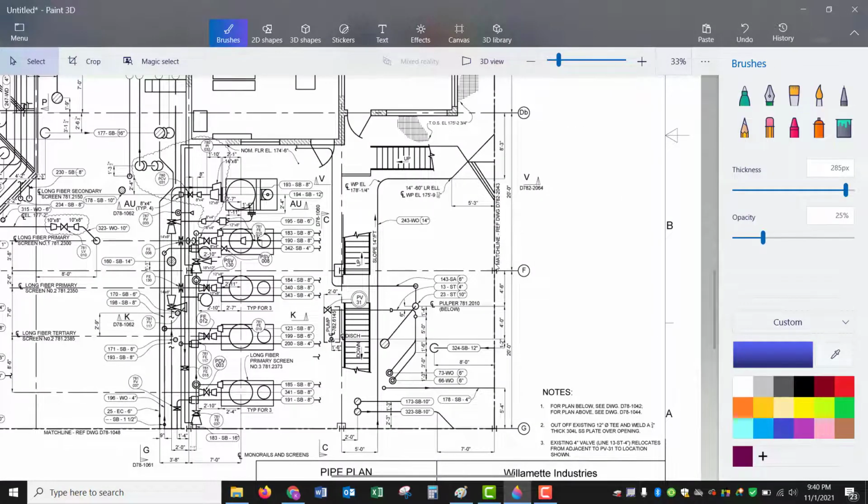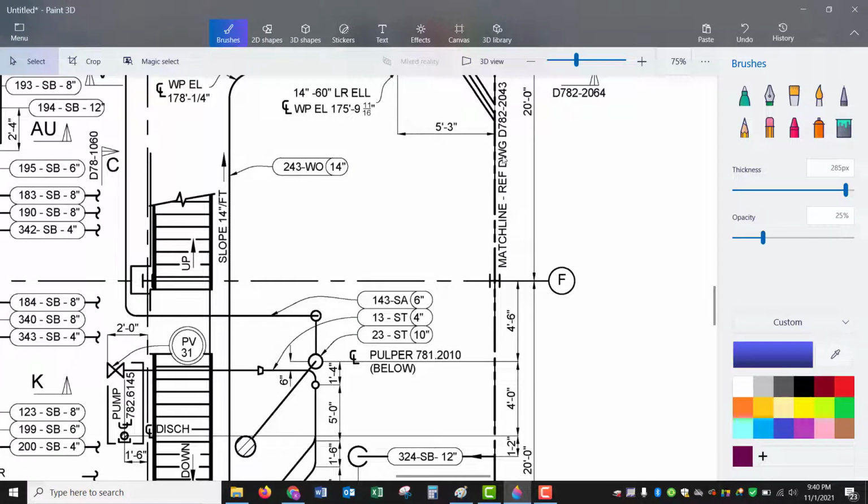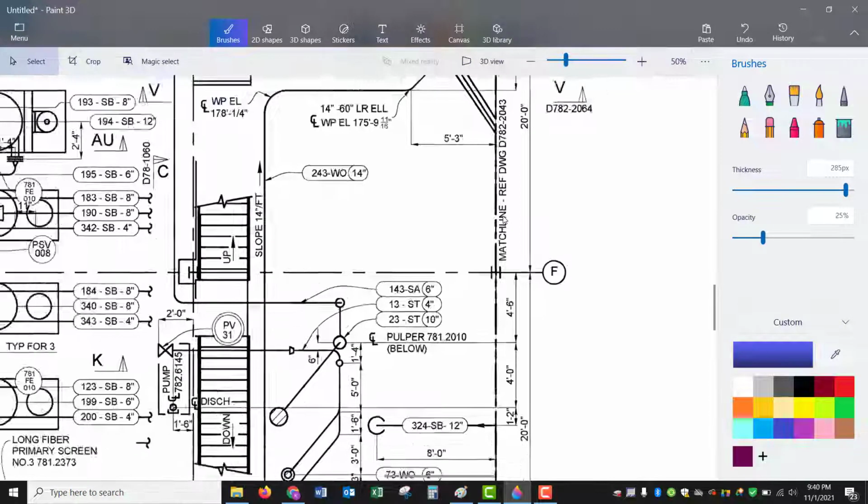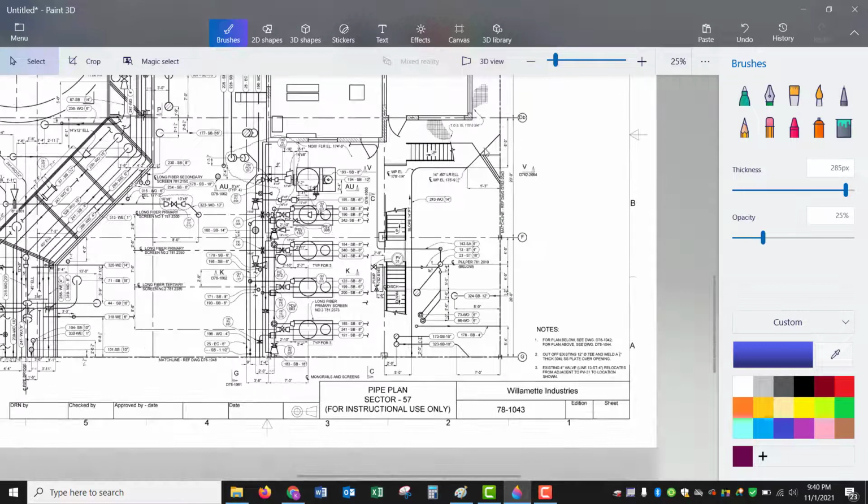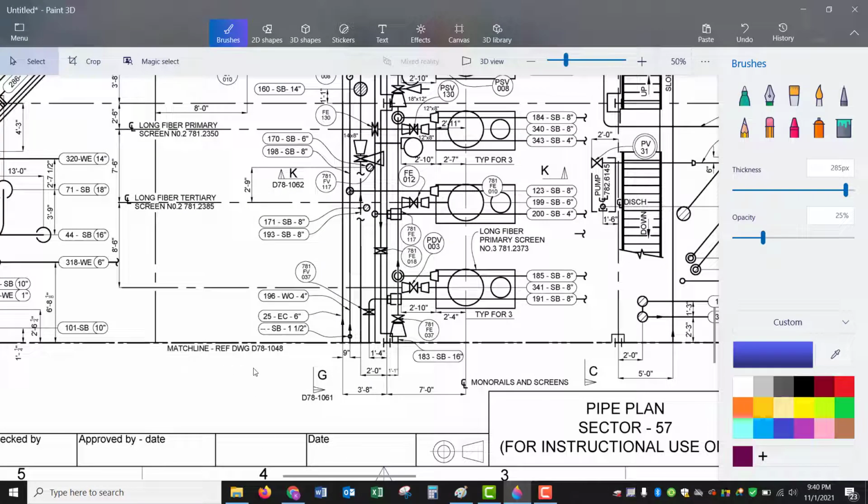Okay, then we have what you see around here, this thick line around here. That means that the drawing continues. There's a match line here and gives us a reference for a drawing. Drawing 78-1043 would, if we butt it against this one, we will see what continues on to this side, to the west side of the facility, to the north side of the facility.